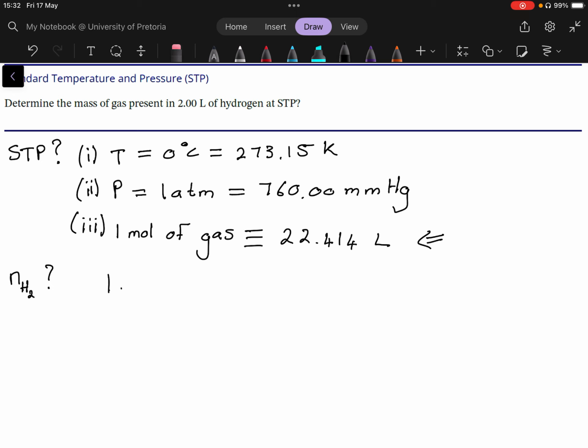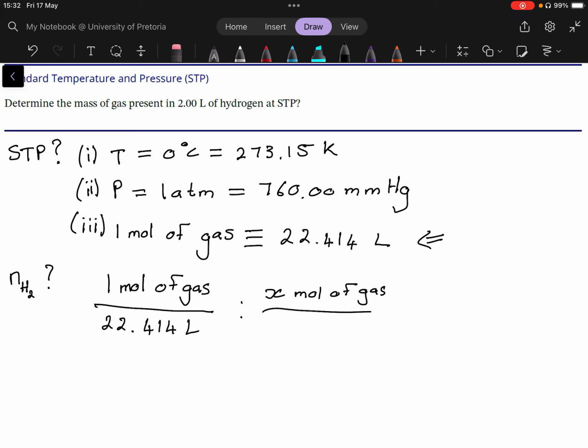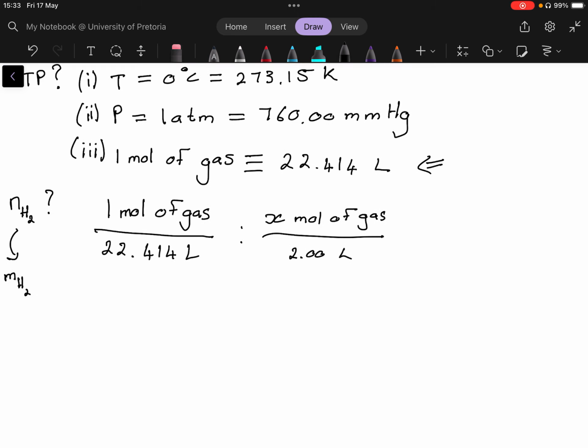It tells us that 1 mole of gas will be present in 22.414 liter. So our question is, how many moles, X mole of gas, will be present in 2.00 liter? That will give us the number of mole, and then from the number of mole, we can get the mass of hydrogen.